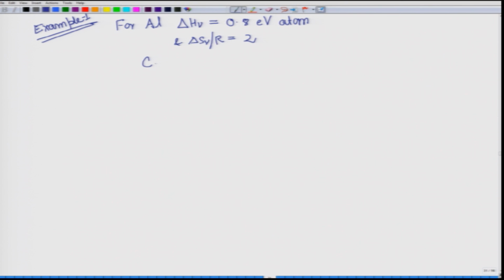What you need to do is calculate the equilibrium vacancy concentration at (a) 25 degrees Celsius and (b) 660 degrees Celsius.